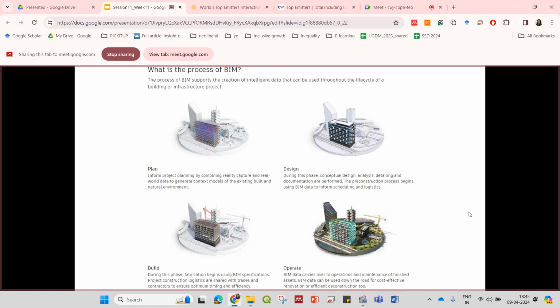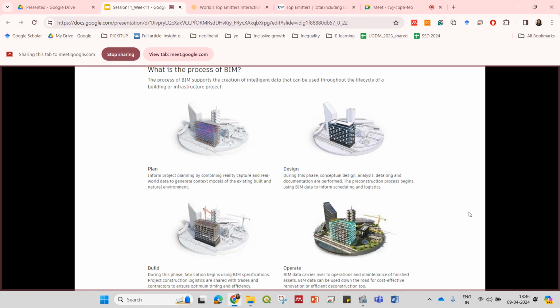In this, the BIM data carries over to the operation and maintenance team of the finished project, and this digital representation can be used to operate and maintain the building in a cost effective way. And at a later stage, if you even want to renovate and deconstruct the building, again the similar data and information insights about the building can further help you visualize how you can go about doing that more efficiently.